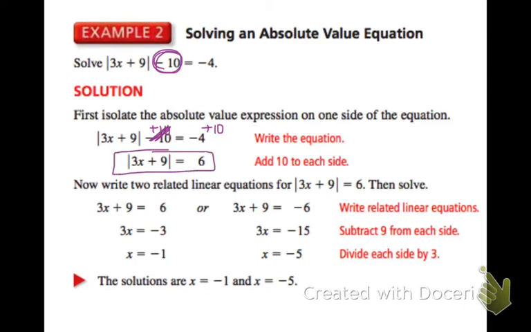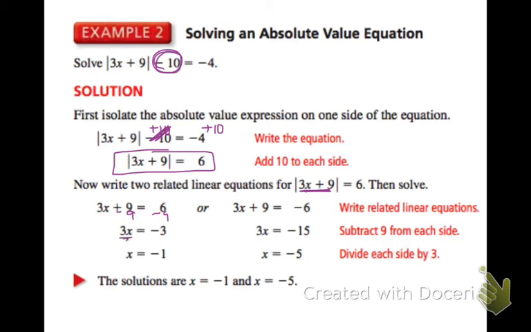Now we have it in the shape of the way we were doing it in the first example. So we know that the expression 3x plus 9 could be equal to 6, or it could be equal to negative 6, because if we substituted in a 6 or a negative 6 inside the absolute value symbols, the absolute value is 6. So subtract 9 from both sides, and we'll get 3x is equal to negative 3.